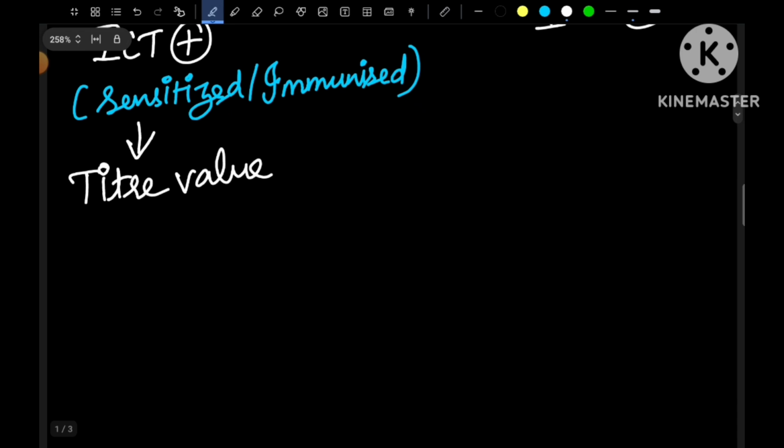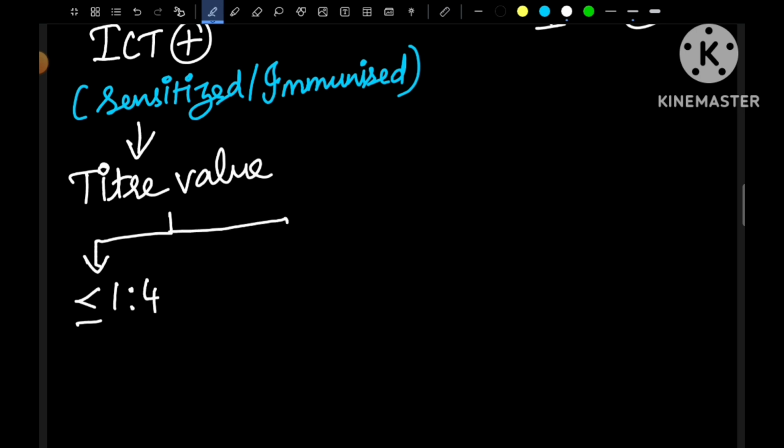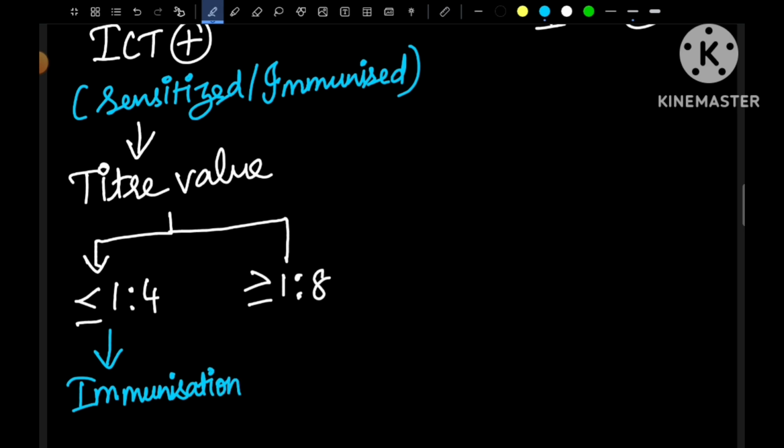If the titer value is less than or equal to 1:4, it means that immunization has taken place. But if the titer value is more than or equal to 1:8, it means that the patient is sensitized, and there is sensitization.